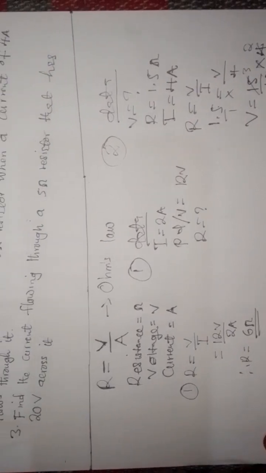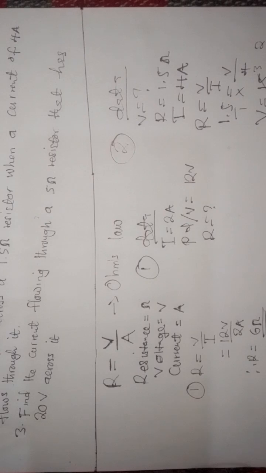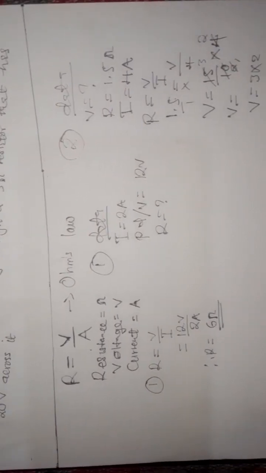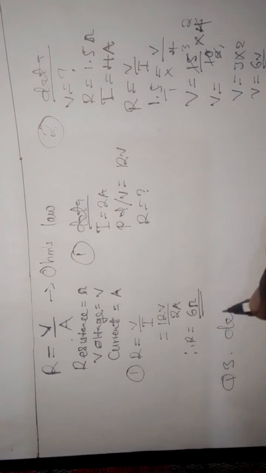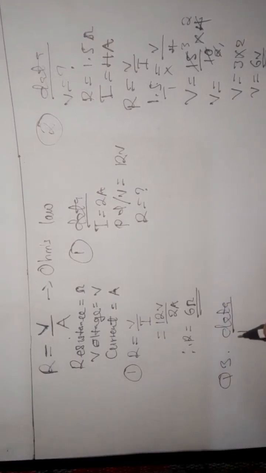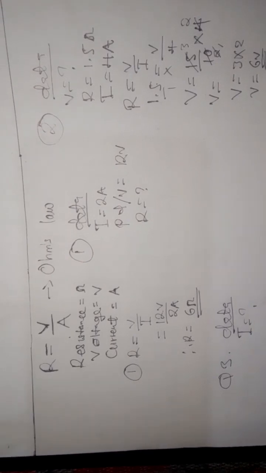Question 3. Find the current flowing through a 5 ohms resistor that has 20 volts across it. So you can say question 3. We write our data. They want current. Current we don't know.